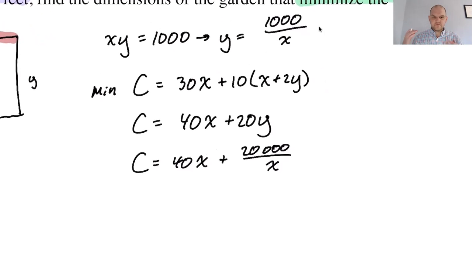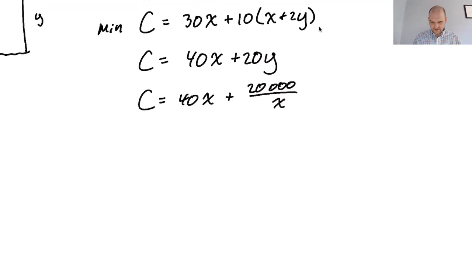We want to minimize it, so let's find the derivative. C prime is going to be 40. I'm thinking of this as 20,000 times x to the negative first, so it becomes minus 20,000 x to the negative second, which I'm going to make 20,000 over x squared.